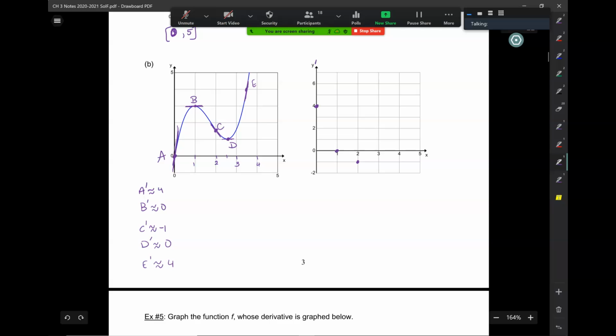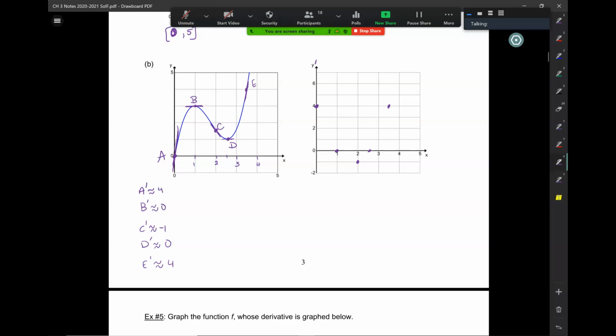Wouldn't those points be open? No, we made them open before because there was an abrupt change at those points. But now there is a continuous change. And then D, about 2.5, we said it could be 0 again. And then E was at x equals like 3.5, and we said it could be 4 again.